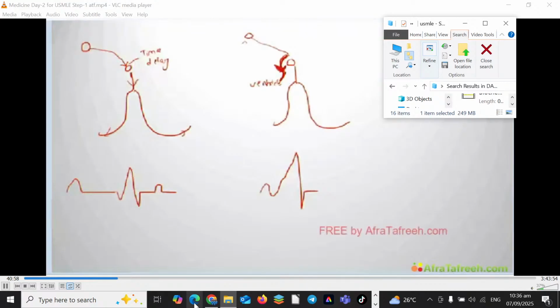In reality, what happens is, when there is conduction down this path, say 100 joules, this conduction down the accessory pathway would be 30 joules, and that down the AV node will be 70 joules.